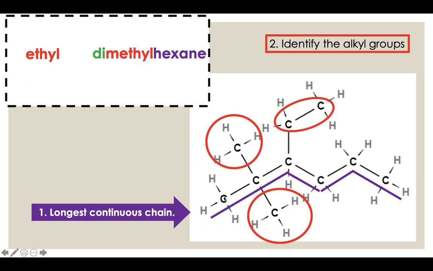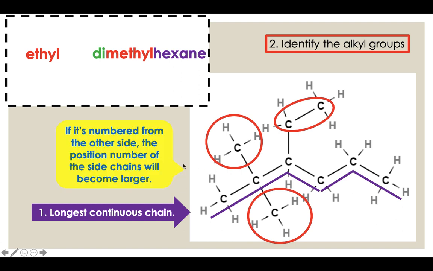Do we number from this side or that side? We need to number from the side that gives the lowest position numbers. So these two side chains are attached to the lowest position number of carbons. So second is much better than if we number from this side. It will be 1, 2, 3, 4, 5.